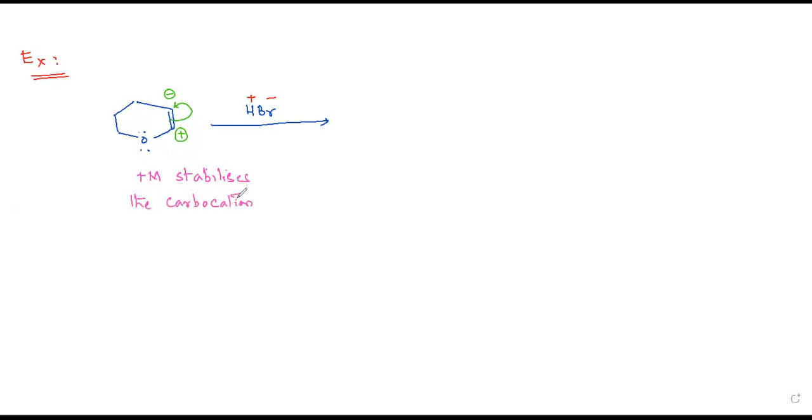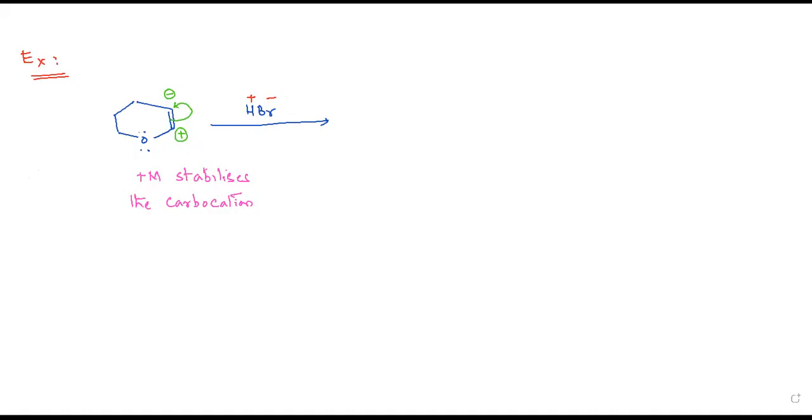This is where you have to be very cautious. If you generate a negative charge over here, then that of course gets destabilized. Always try to have something releasing at the carbon which has got a positive charge so that the positive charge gets stabilized. If there is a negative charge, try to have something which is withdrawing. Negative means excess, so withdraw.